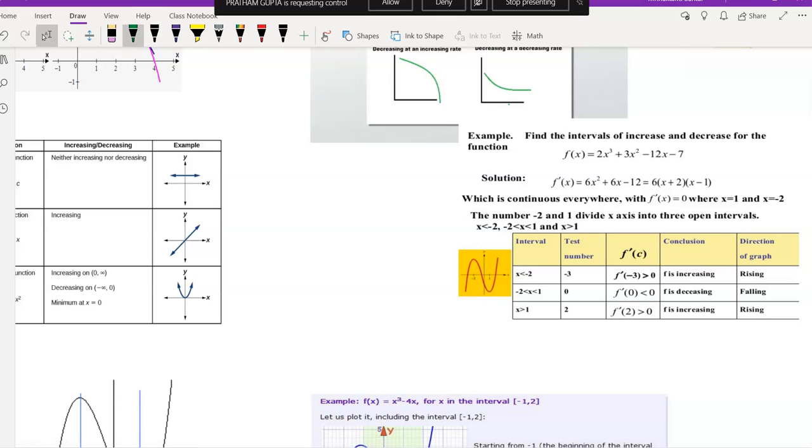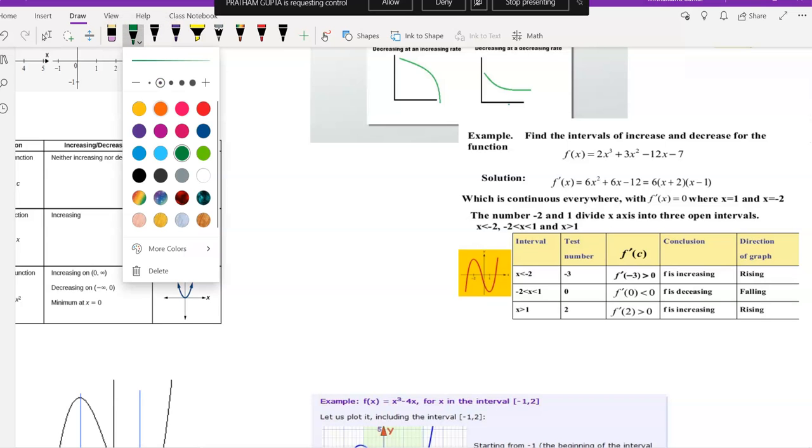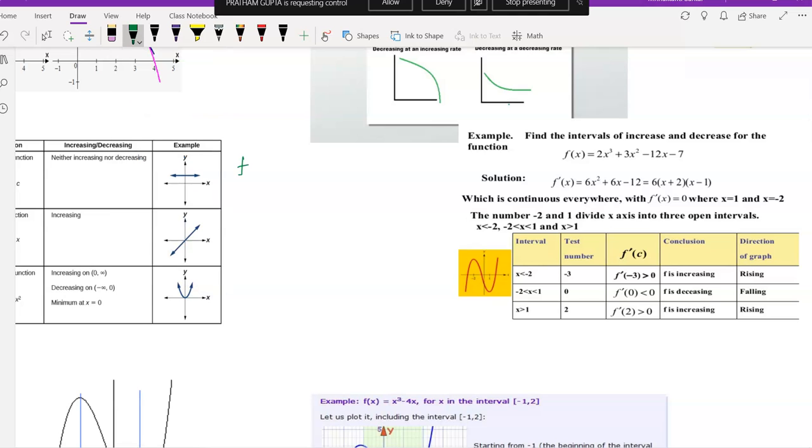The function f(x) is 2x cube plus 3x square minus 12x minus 7. Follow the steps written over there. So what is the first step to find the critical points? How to get the critical points?